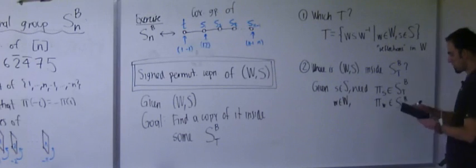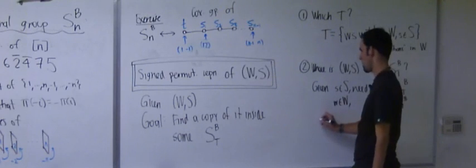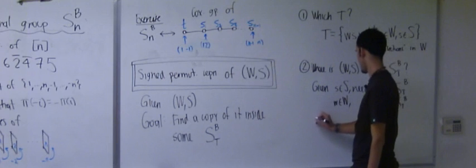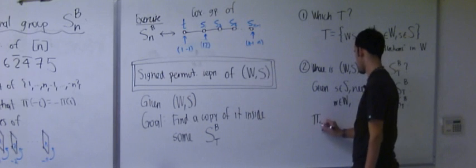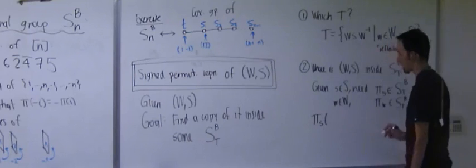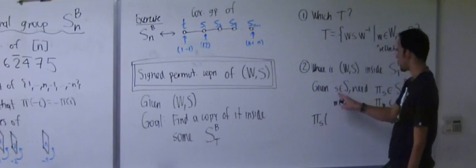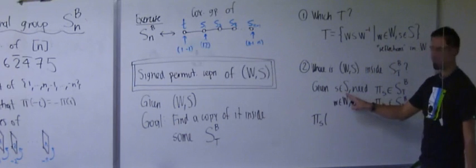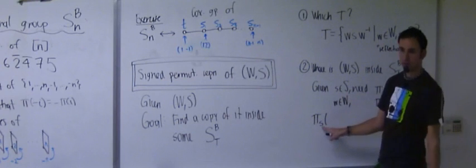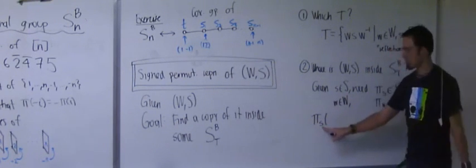So let me tell you how to do that. Let's take a generator of my group W. Now, I need to define a signed permutation that corresponds to it.